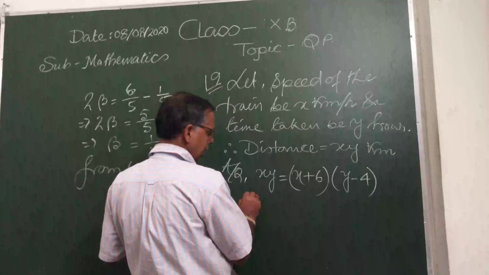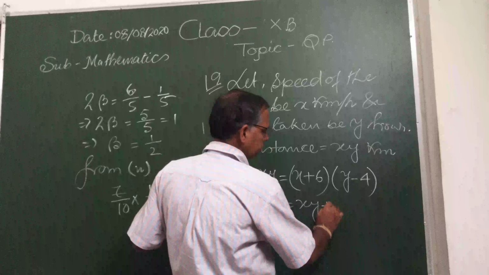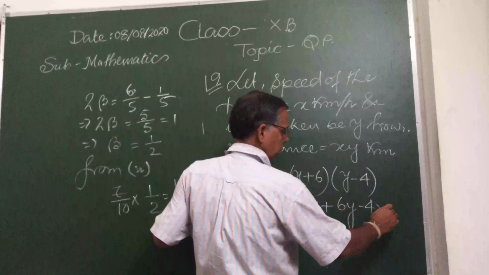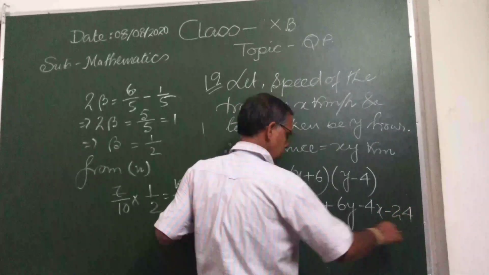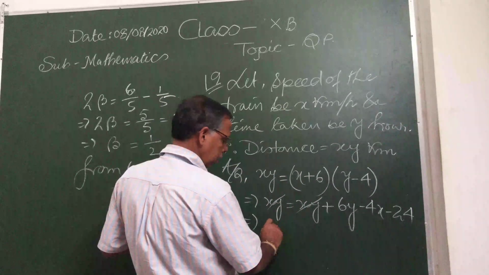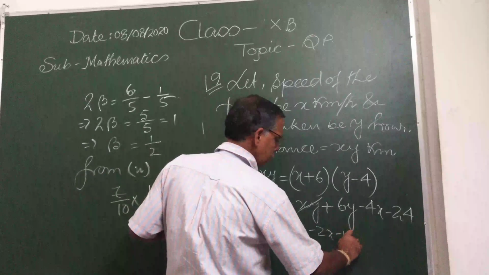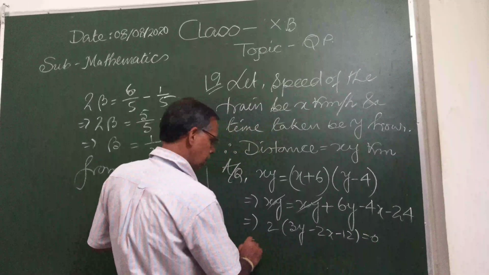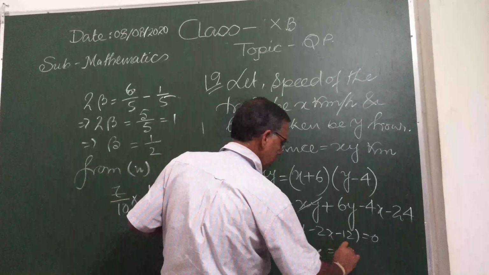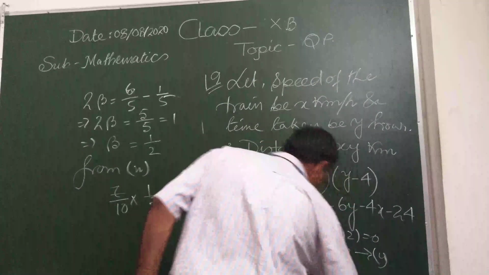So ultimately xy equal to xy plus 6y minus 4x minus 24. So xy cancel. Now here 2 you take common, so it will be 3y minus 2x minus 12 equal to 0. Ultimately 3y minus 2x equal to 12. This is your equation number 1.